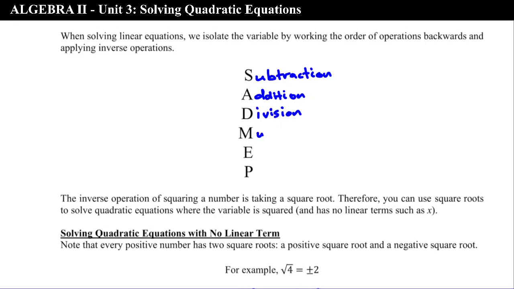M stands for multiplication. E stands for your exponents, which I'm just going to write as your exponential terms. And then P stands for parentheses.